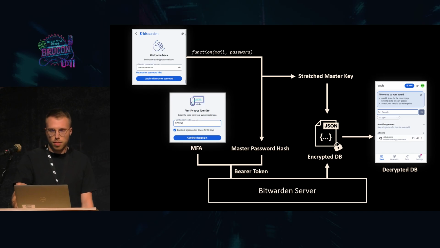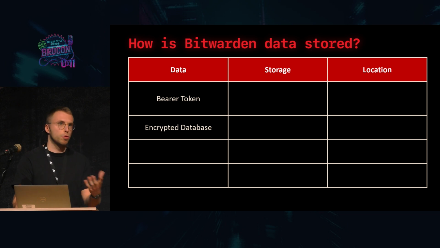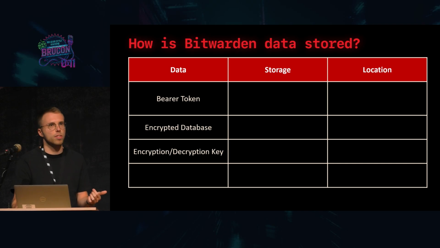What happens is that, in what we detailed here, there is some data which goes through the authentication process. These interesting data are the bearer token, which is used to authenticate to the database. There is also the encrypted database, which could be an interesting piece of information. There is also the encryption key, which in this situation is symmetric encryption, so it's the same as the decryption key.